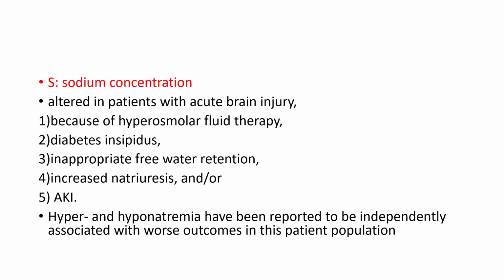Now the next is S, and S stands for sodium concentration, which is altered in acute brain injury because of hyperosmolar fluid therapy, diabetes insipidus, inappropriate free fluid retention, increased natriuresis, and or AKI. So hypernatremia and hyponatremia have been independently associated with worse outcome in a traumatic brain injury patient.